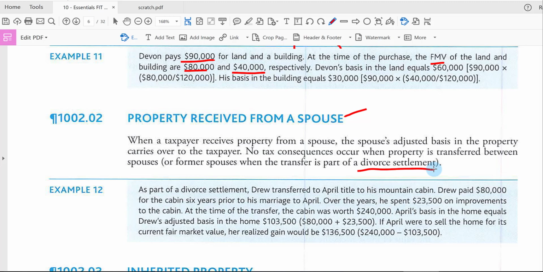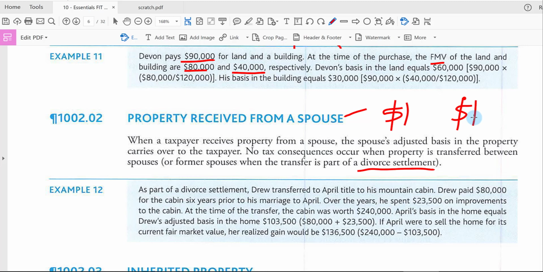And the general rule we learned back in chapter 3 is there's no gain or loss realized or recognized. But what's important is now the cost basis will be kept by both spouses or be transferred between the spouses. So let's say you have $1 million of assets, or 2 million, so you're gonna split it up 50-50, $1 million each.